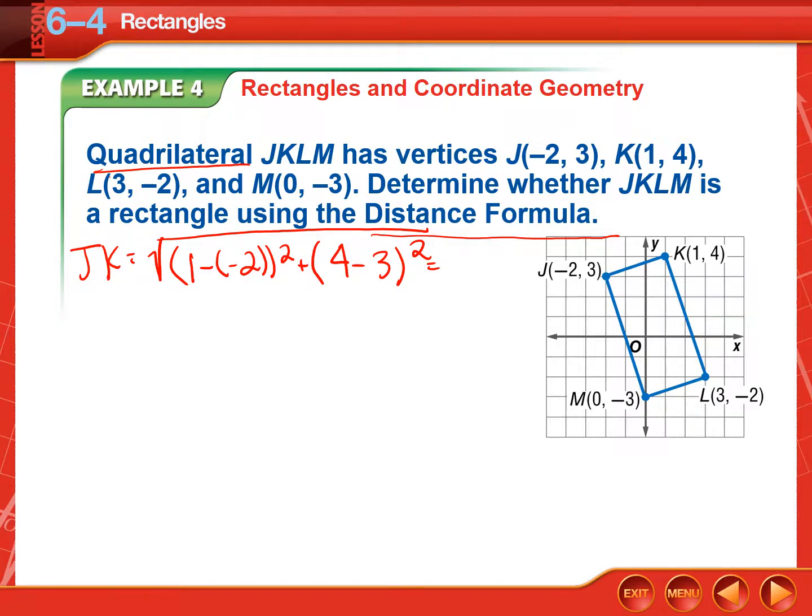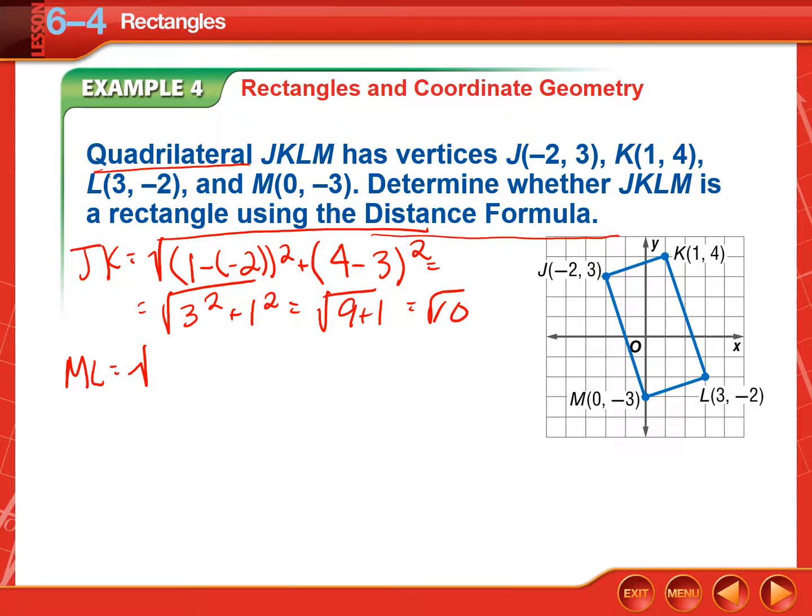So 3 squared plus 1 squared is going to be equal to 9 plus 1, which is square root of 10. Okay, so there's JK.